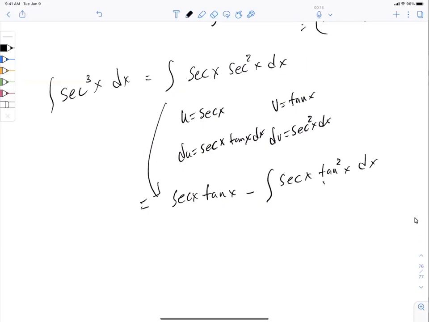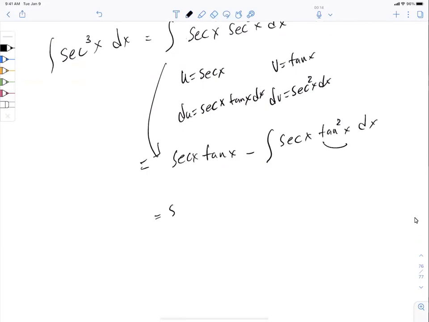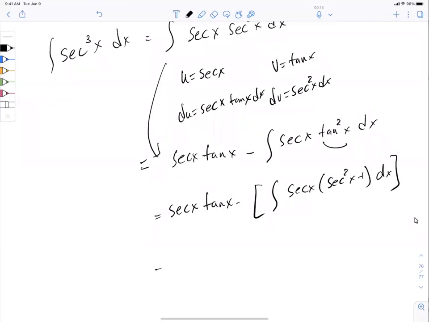Now I'm going to convert tan squared into something in terms of secant, which is tan squared will become secant squared minus 1. Push that through.